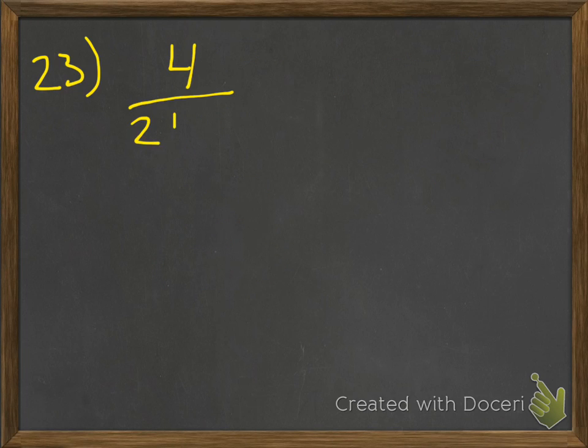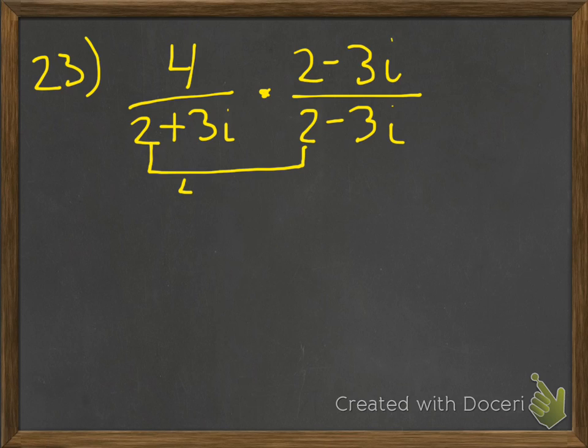Number 23, multiply by the conjugate. And then what you will notice here is this. Here's one little bit of a shortcut. You don't need to do the whole distributive property. When you do a conjugate, it's like sum and difference of 2 squares.